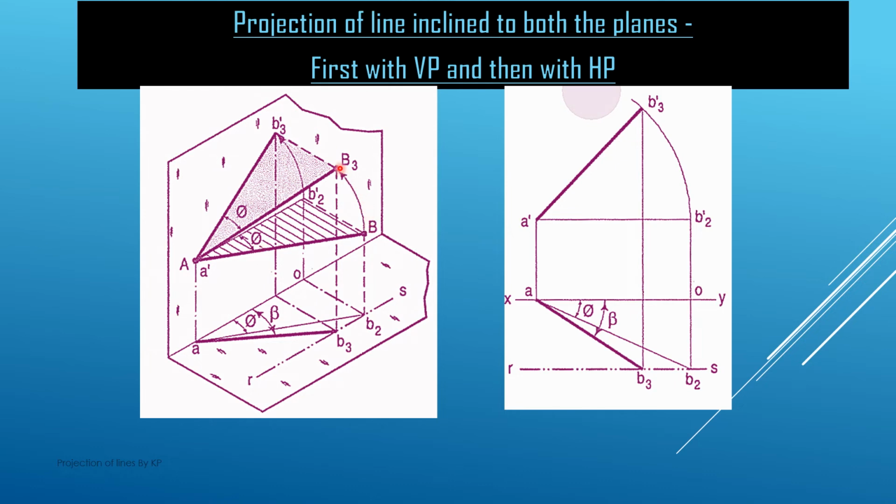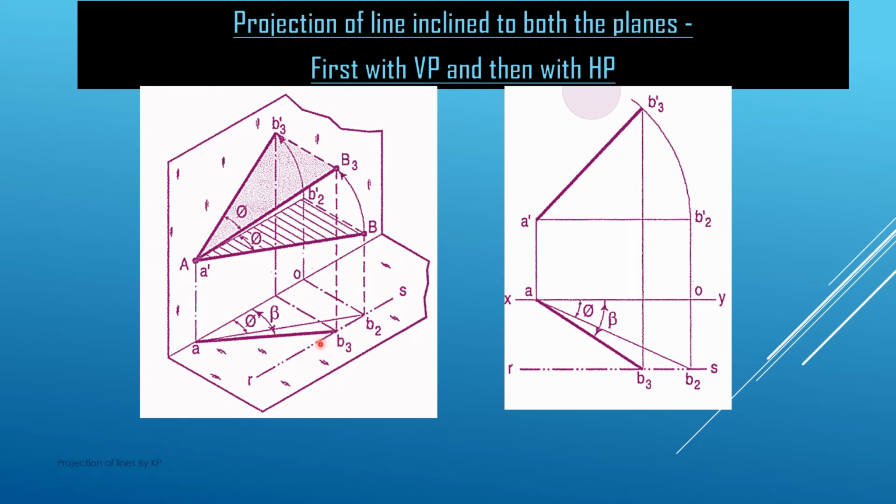Now we draw the vertical projectors, or we see the projection of this B3 on the horizontal plane, which is small b3 here. Now we join A and b3, and we get the final projection of this line, which is making an angle theta with the HP and an angle phi with the vertical plane.